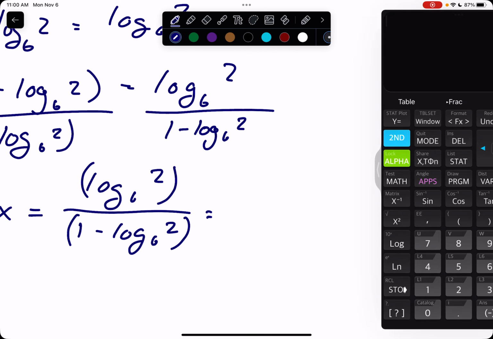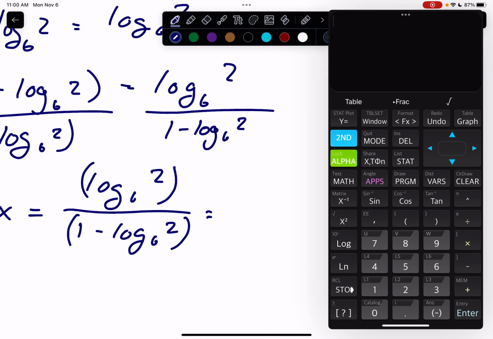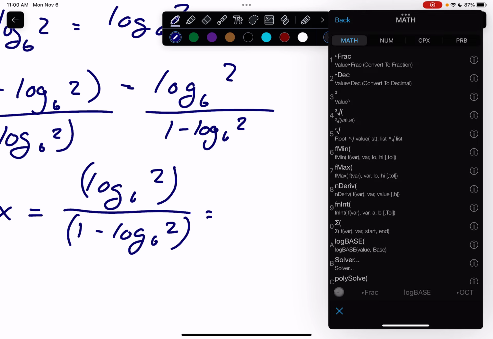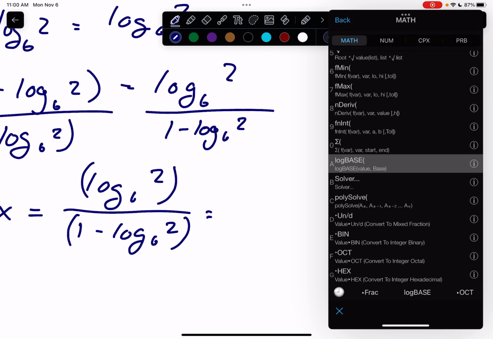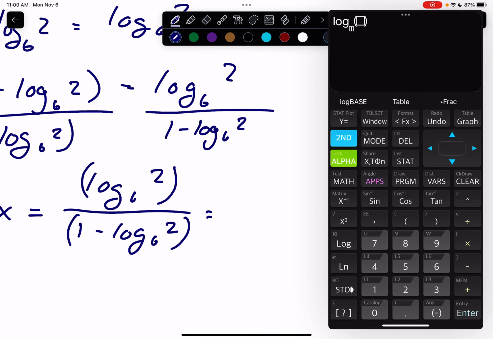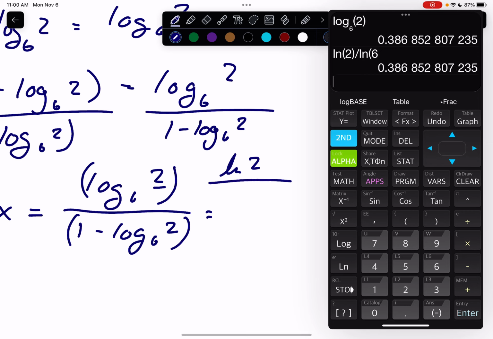On my calculator, if I hit the math button and go down, I have this log base thing where I can type in log base 6 of 2. Well, I could say that is ln of 2 divided by the ln of 6. You take the ln of this number divided by the natural log of the other number.